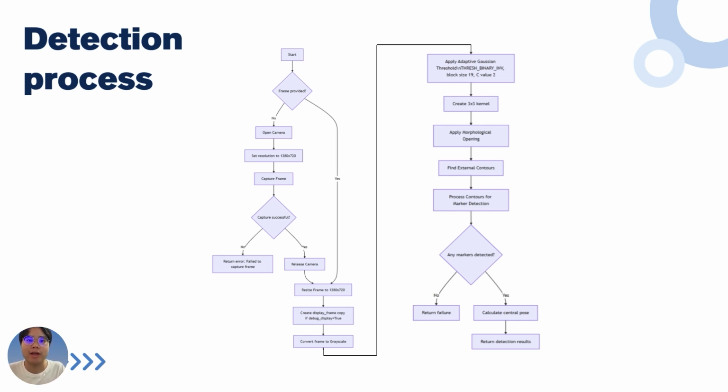We also create a display frame for debugging, but mostly debugging is for the testing process. Then we convert the frame to grayscale, as I said, and the following steps are as I said before, and next is the process of contour detection for marker detection.